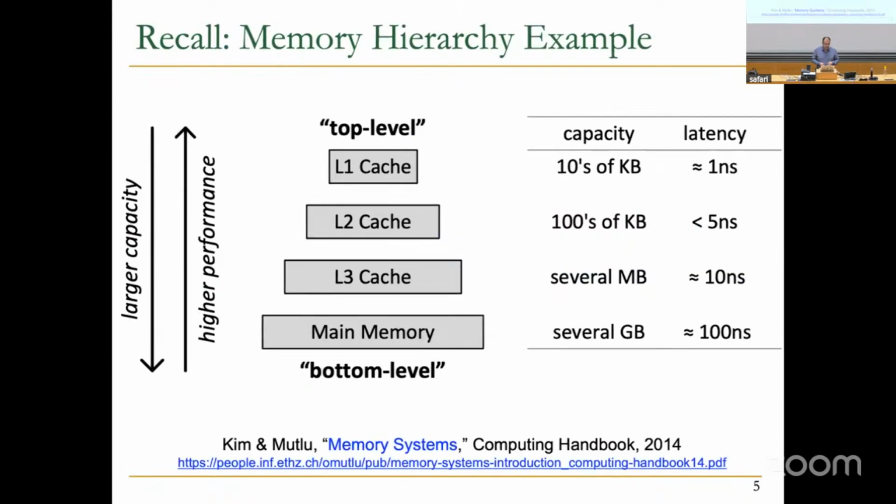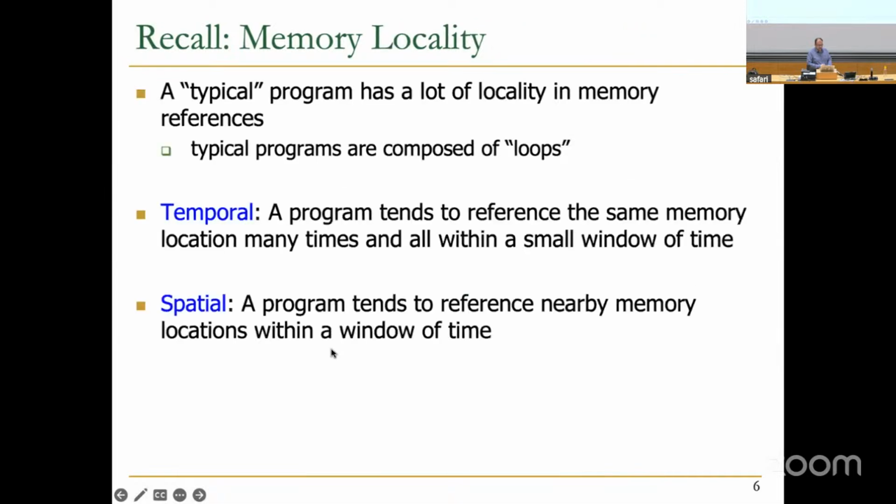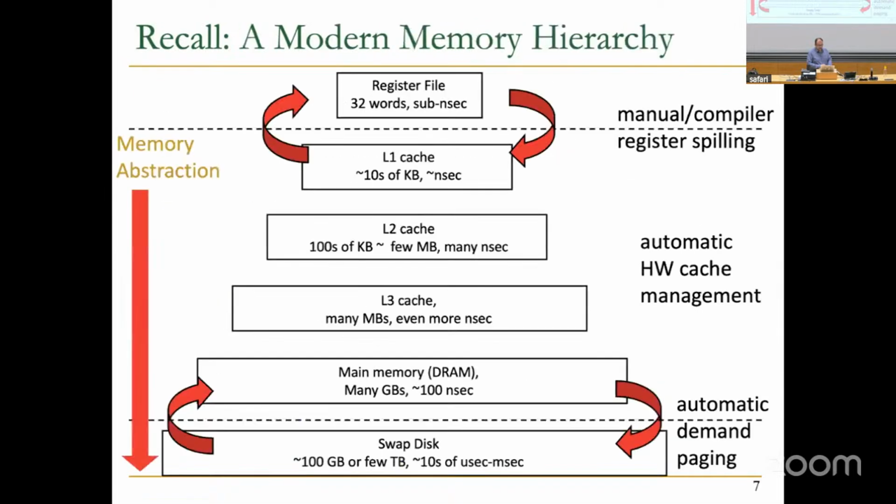This is a picture, for example, that we can have many different levels of caches and main memory, and in a modern memory hierarchy, we should also consider main memory and also disk. This can also go to remote memory accesses as well. So a memory hierarchy in general can be quite heterogeneous and has different levels of memory.